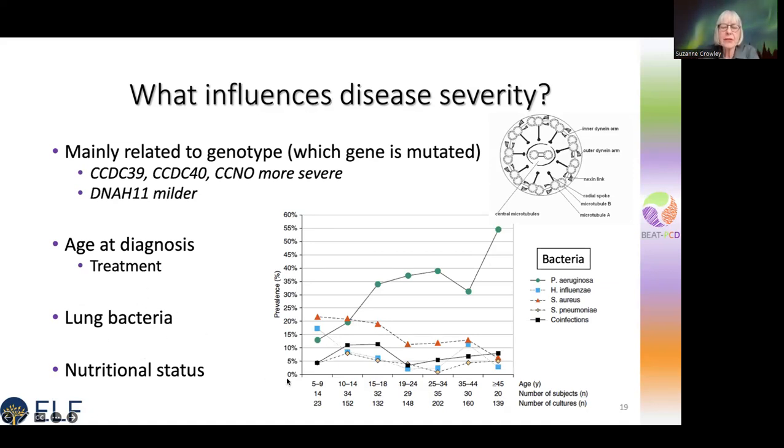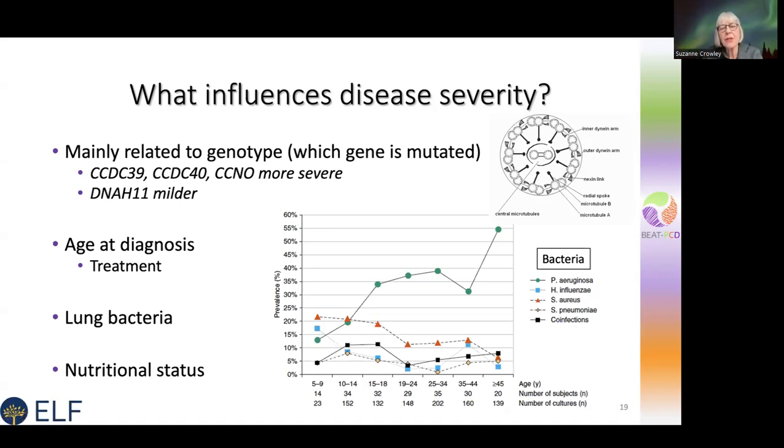And if we look at this graph here, we have percentages along this axis here, and we have age groups along the bottom here. So children is everything to the left of this line here. And we have 3 bugs which are important in childhood. We have Staph aureus, Haemophilus influenzae, and Pseudomonas aeruginosa.